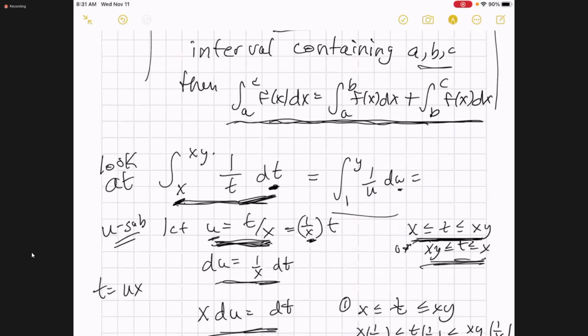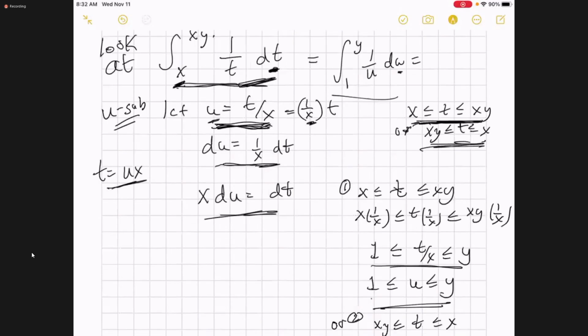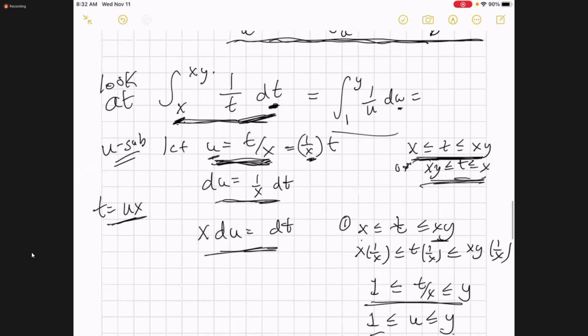Also, if u is t over x, then t is u times x. But this allows me to go from endpoints of x and xy to endpoints being 1 and y. Okay, so that it's a change of variable there.